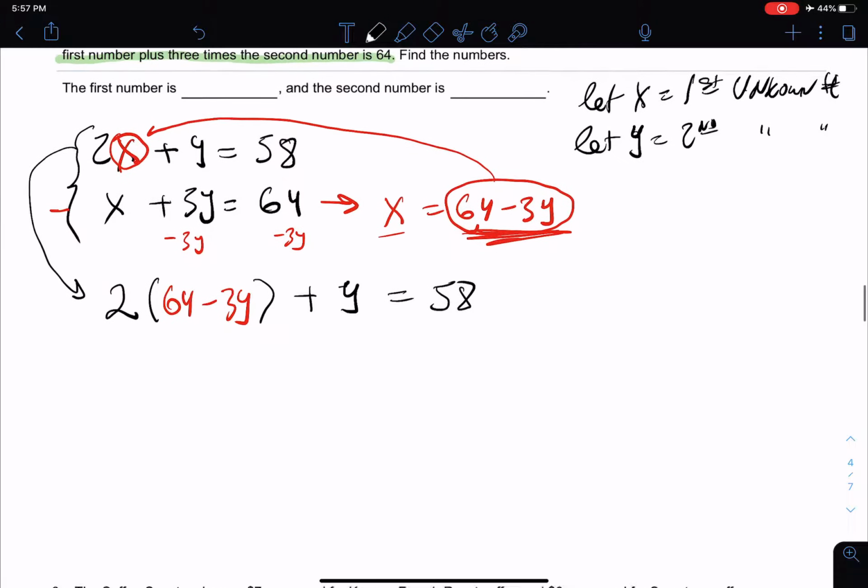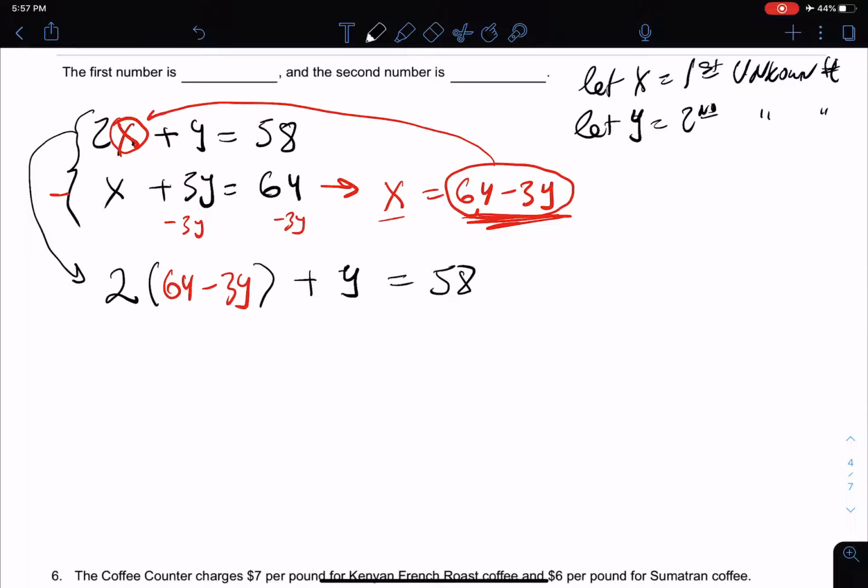And once again, the key thing that happens with substitution or addition elimination is you have a new equation, and this new equation only has one variable. In this case, it only has y's. So 2 times 64 is 128. 2 times negative 3 is minus 6y. And then we have plus y, and we have equals 58.